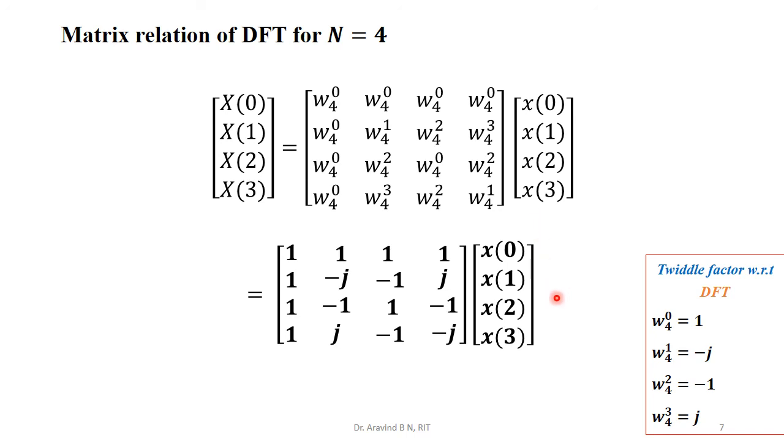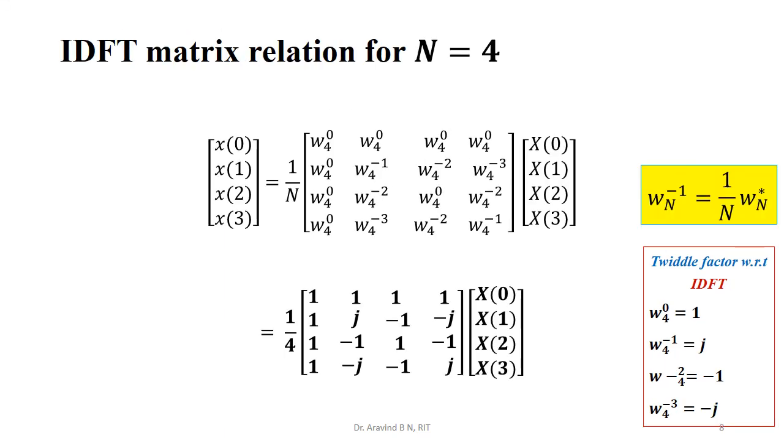In a similar way to how we derived it for the DFT, the same is applicable for the IDFT also. I am not going to provide the complete details with respect to the IDFT. The procedure we followed for the DFT, the same procedure we can follow here, and we are going to get this IDFT matrix.